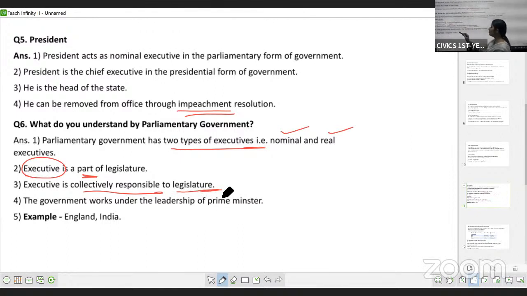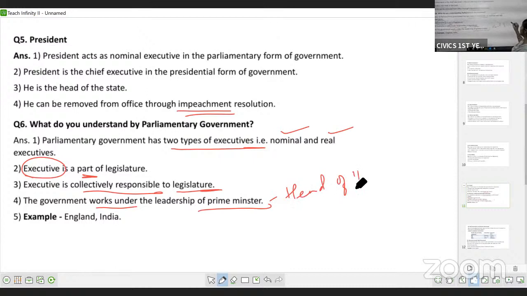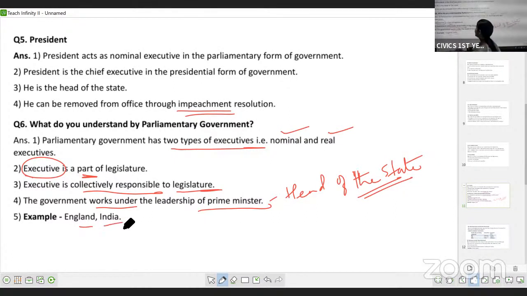So government works under the leadership of the Prime Minister. The Prime Minister is the head of the government, so government will work under his leadership. Example, England and India. In these two countries, we have parliamentary form of government.